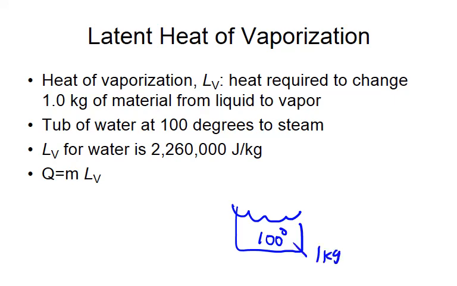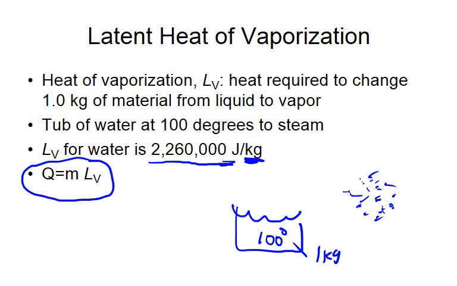It's going to take 2,260,000 joules to be able to turn that into steam. And that's a lot of energy. Here is the equation, Q equals m L_v, mass in kilograms times the latent heat of vaporization, and so we get how much energy it takes to turn it into vapor.